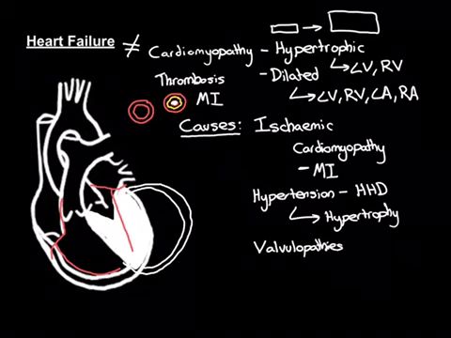So let me just explain a few examples. So if you have aortic stenosis for years and years and years, this again can lead to left ventricular cardiomyopathy. You would imagine hypertrophic cardiomyopathy, although it's possible that it could lead to dilated cardiomyopathy. So again, just like in hypertension, the left ventricle is going to be pumping against a real resistance if you've got aortic stenosis for years and years and years.